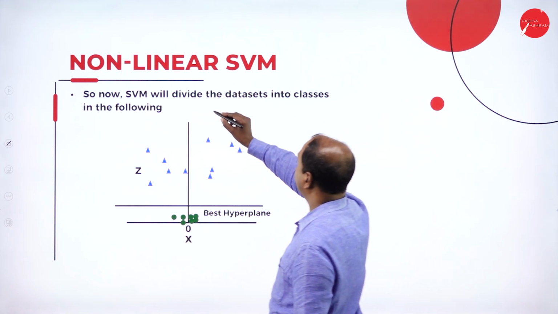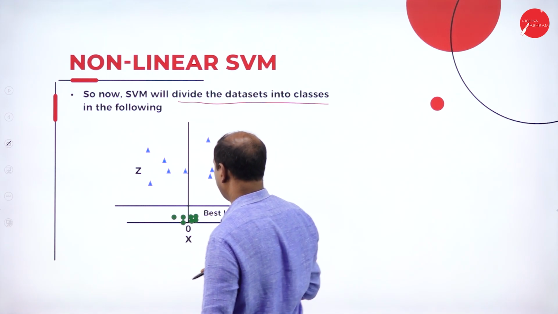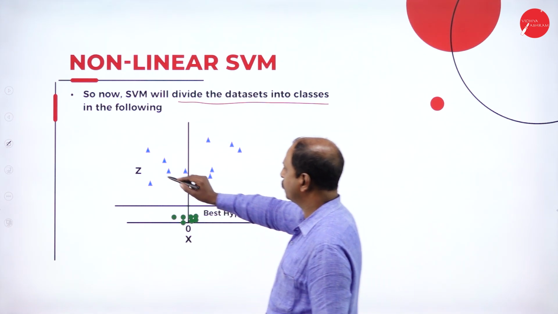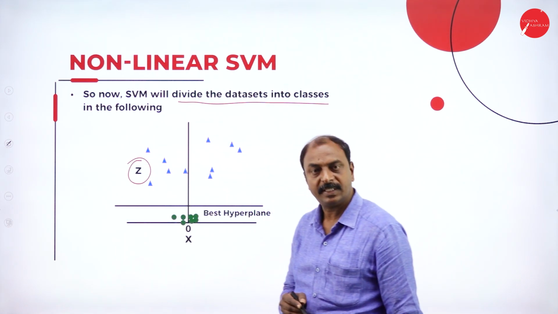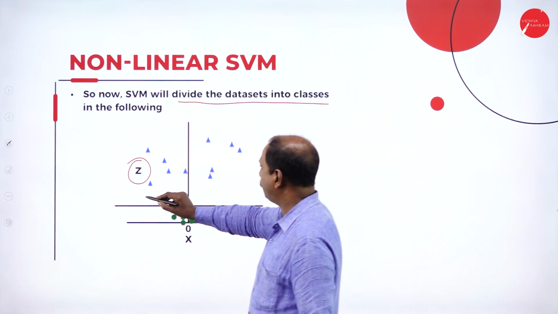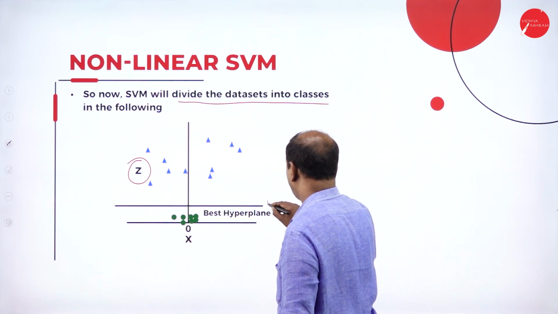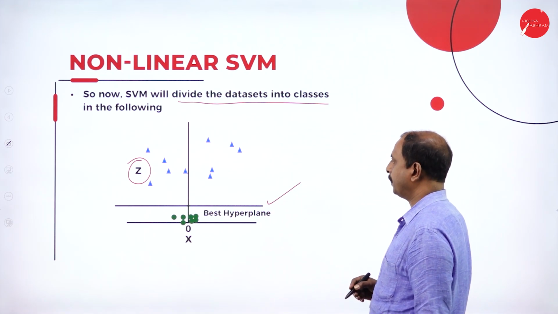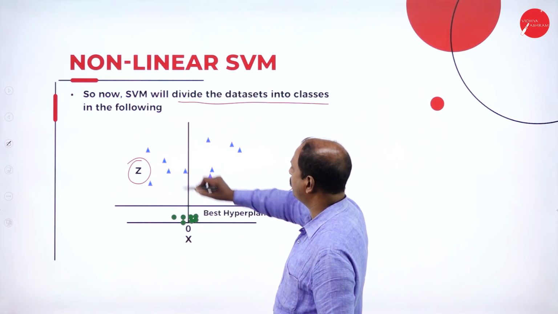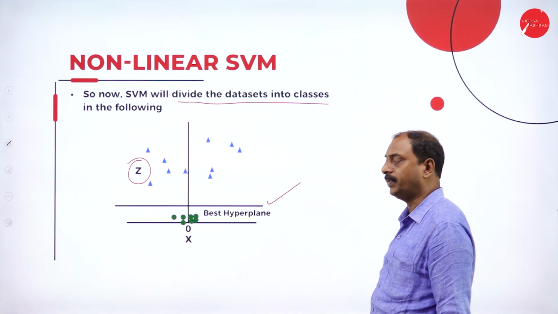Here it is possible to divide the data set into two classes in the following diagram. After adding one more dimension z, it is possible for us to separate the data sets into two. Here it is possible to find the best hyperplane between the two different classes. So this is an example for non-linear SVM.